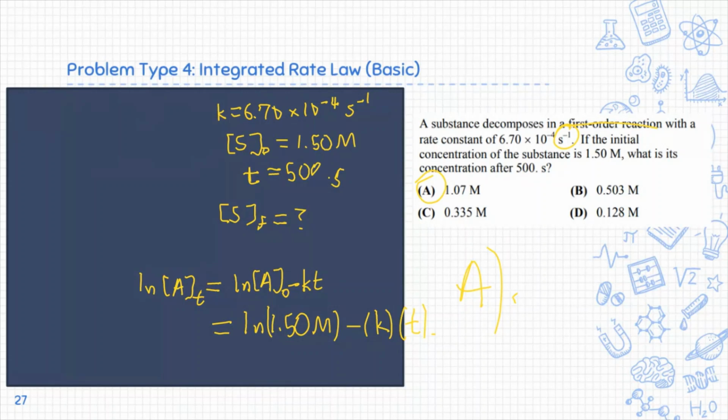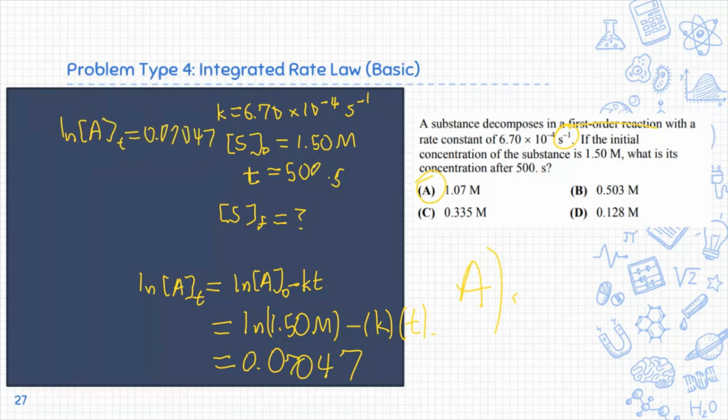How do you take the natural log out? Great question. All right, so if you calculate this, this should be 0.07047 or something like that, right? So ln, what this basically is, it's log base e of 0.07047, right?